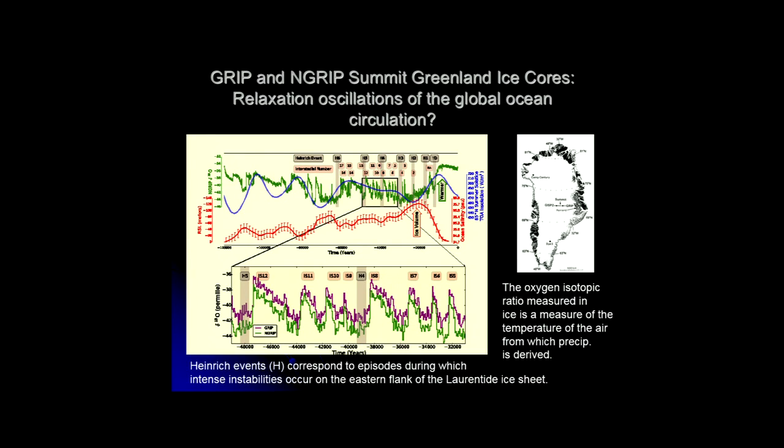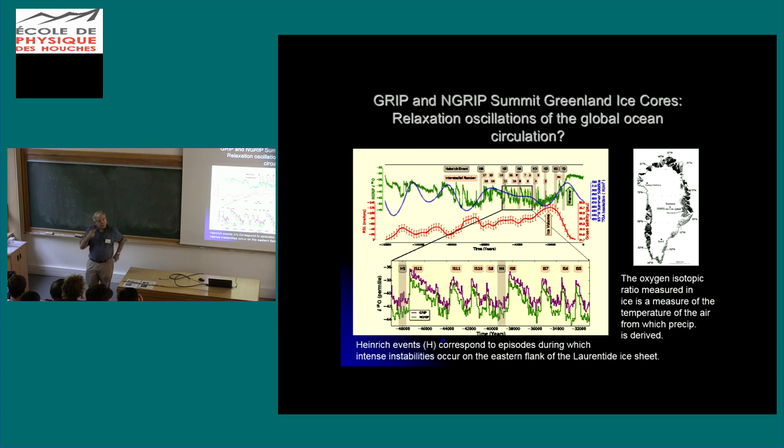So this is the primary data set, which is kind of, if you like, poster child for rapid climate change. Okay? So I'm not just interested in climate change on very long timescales. I'm interested in very rapid climate change. And the data which show that this has occurred repetitively in the past are data that are taken from the deep ice cores that have been drilled at Summit, Greenland. There are now several of these cores.